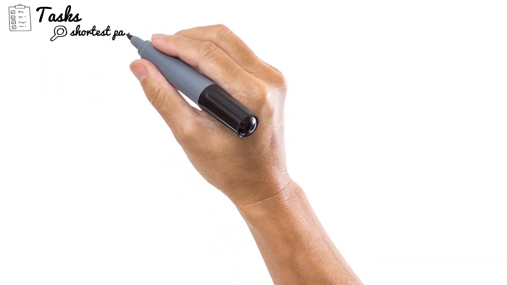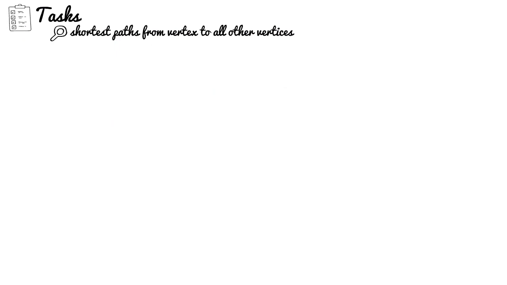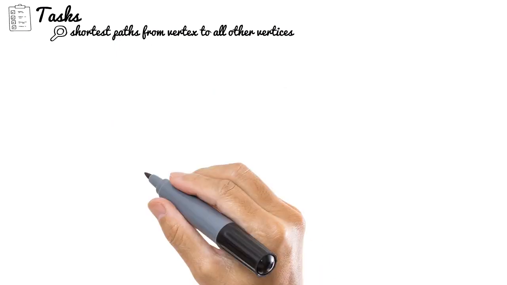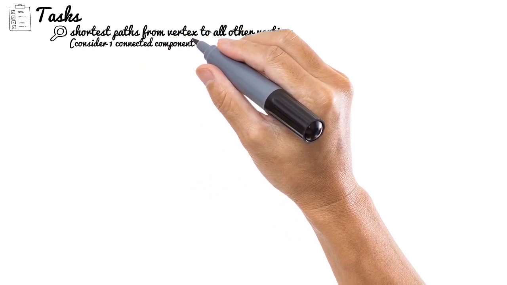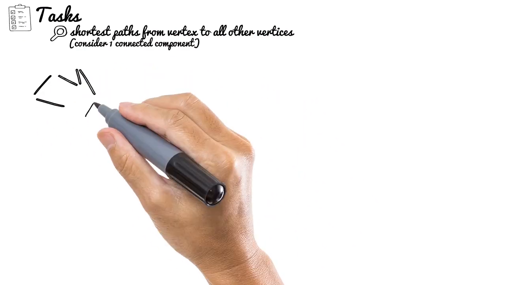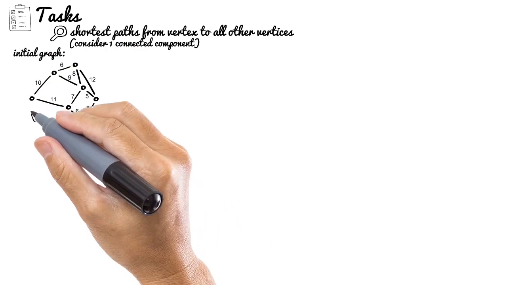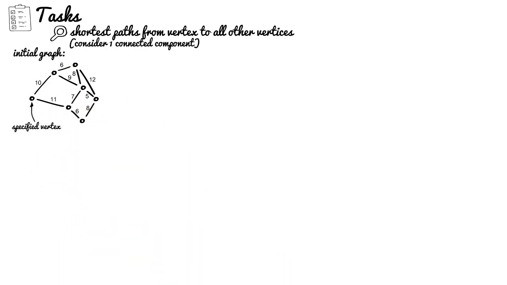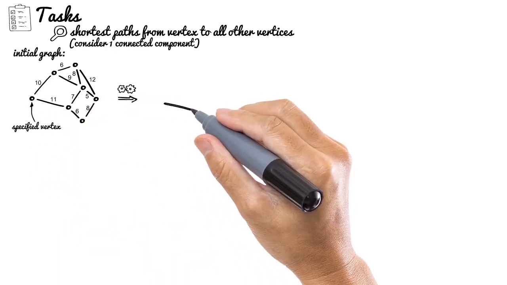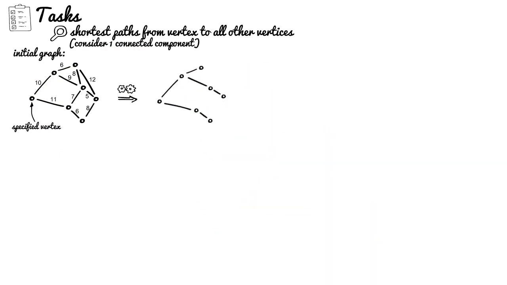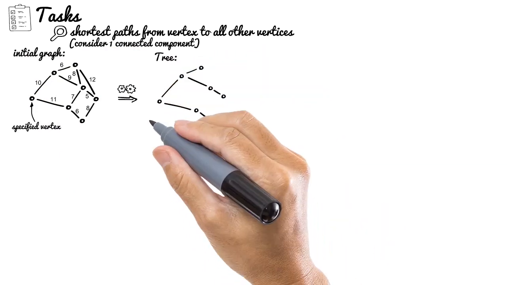First one is to find shortest path from specified vertex to any other vertex in the graph. For simplicity, let's consider initial graphs with just only one connected component for this task, which means all vertices are directly or indirectly connected. Combination of all such paths can be depicted as a structure, which actually is a tree with specified vertex as a root node.